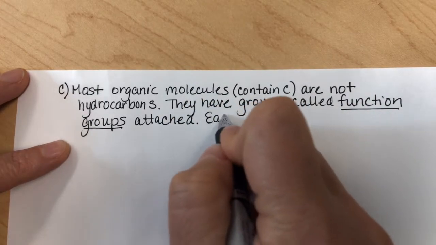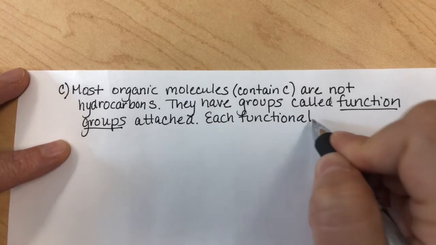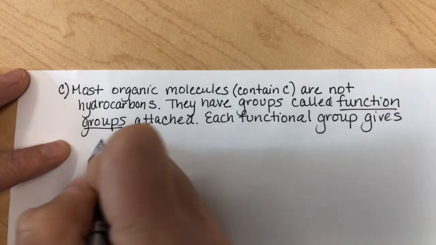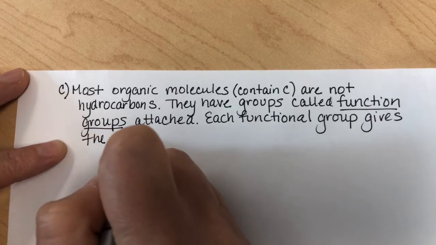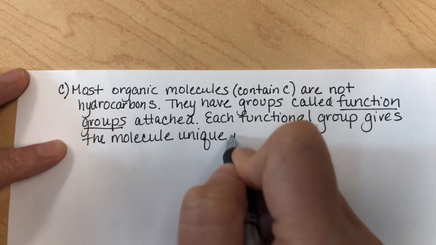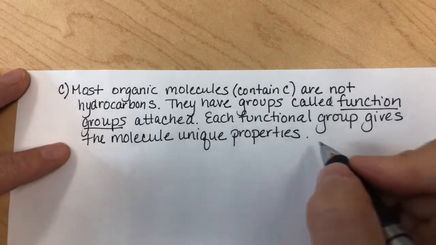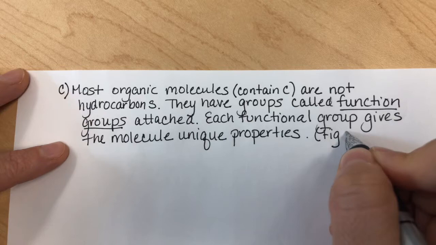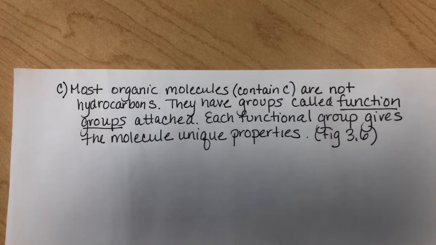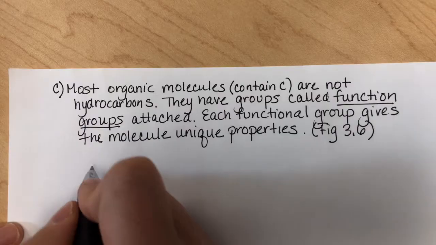Functional groups attached. And each functional group gives the molecule unique properties. And so I want to talk about those functional groups. In your textbook, figure 3.6 also shows the functional groups. Okie doke. So we're just going to go through the different functional groups.